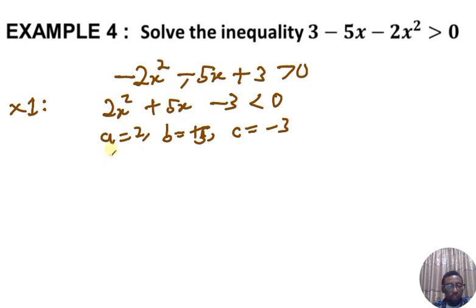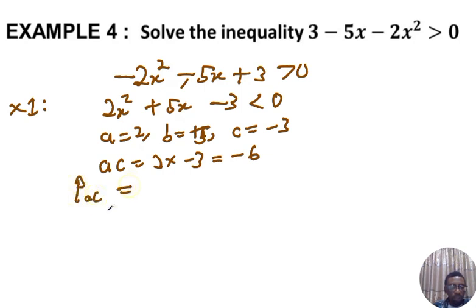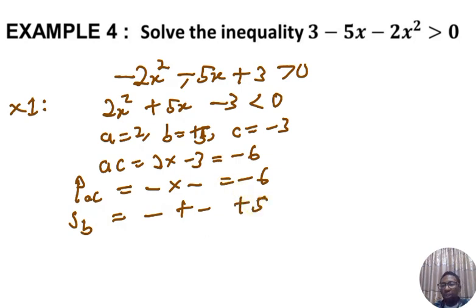So you find your AC. Our AC is 2 times minus 3, which is minus 6. So the product is AC and the sum is B. Think of two numbers that when you multiply, you get minus 6, and when you add them together, you get our B, which is plus 5.